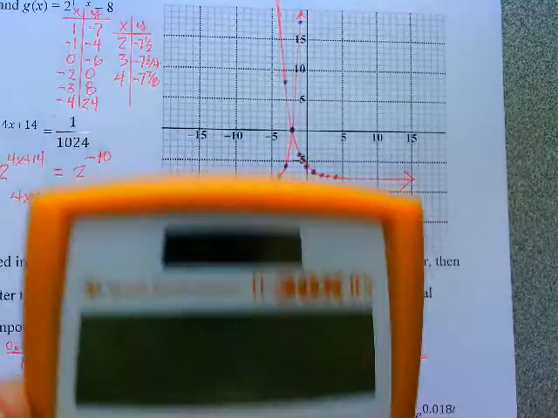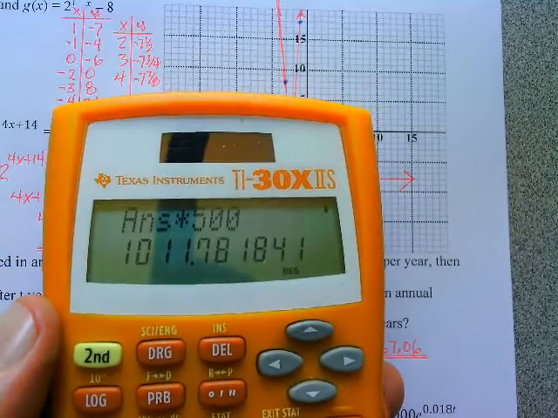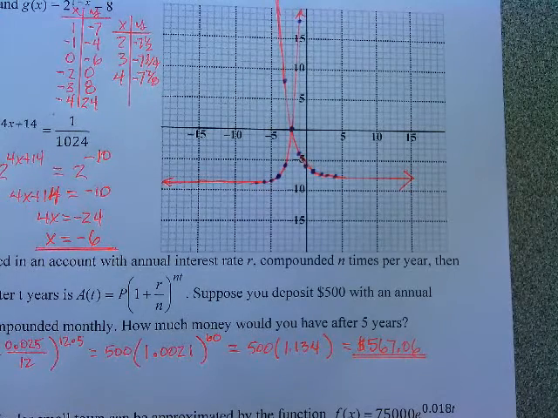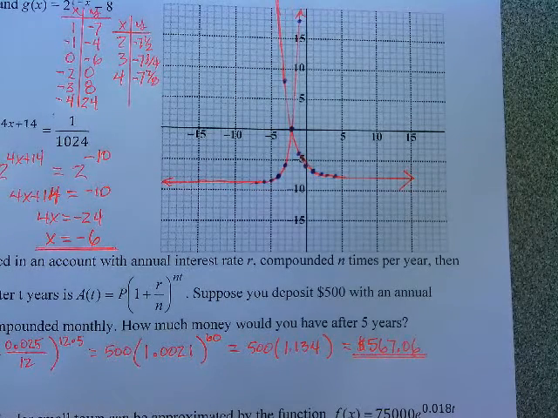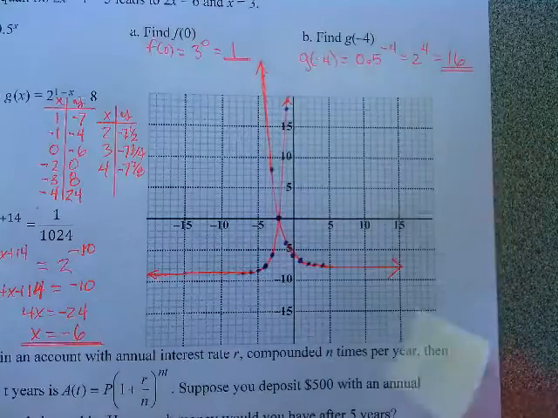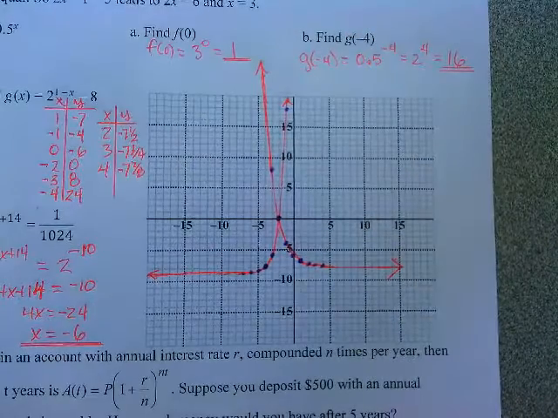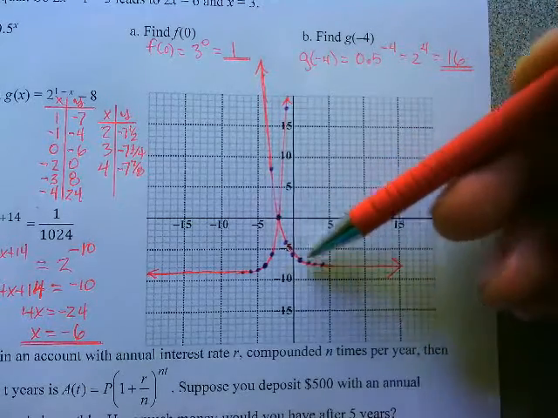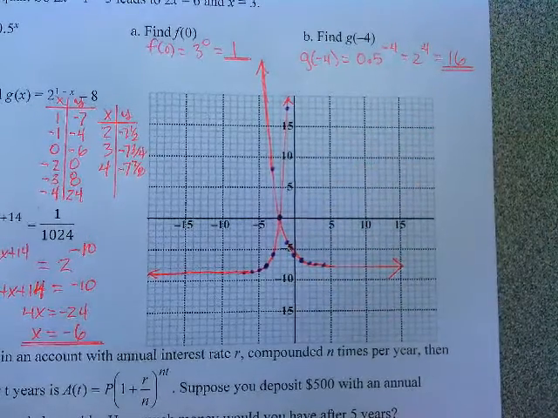So my $500 became just over $1,000, but it took 28 years to do that. Now, of course, it will keep growing and growing, just as you can see in the graphs. But when you're down at this part of the graph, it takes a really long time to start going.